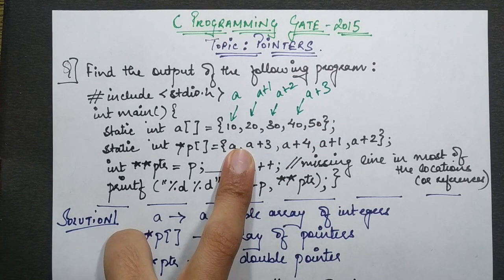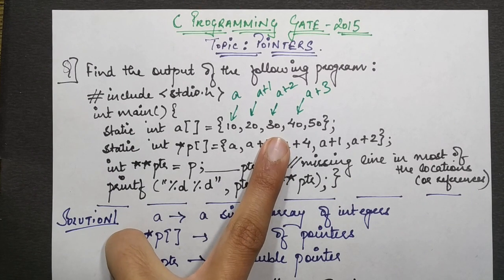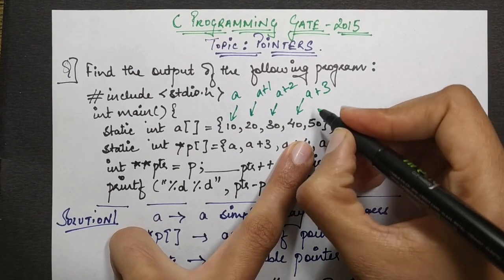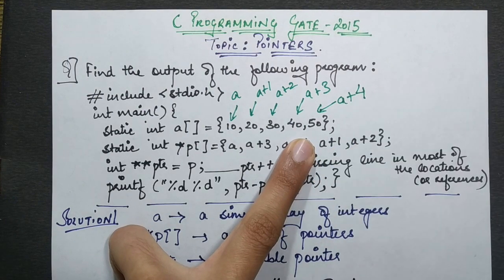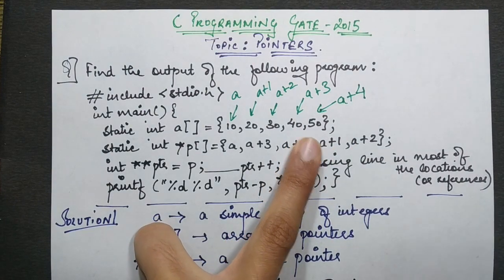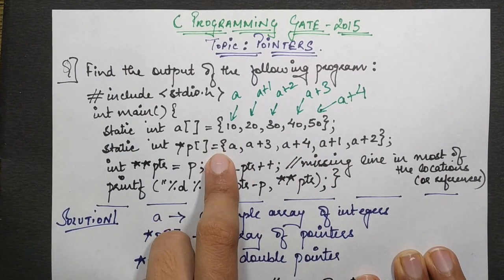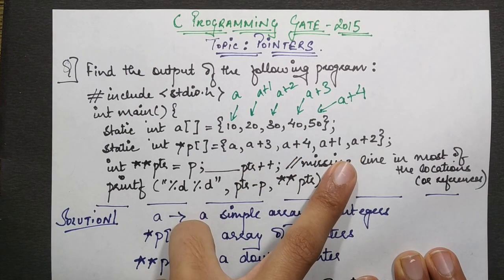Let me correct myself: this is the address of the element with the index 3 in that array. Similarly, this becomes A plus 4, the element at the address A plus 4. So now we know what all these things mean.